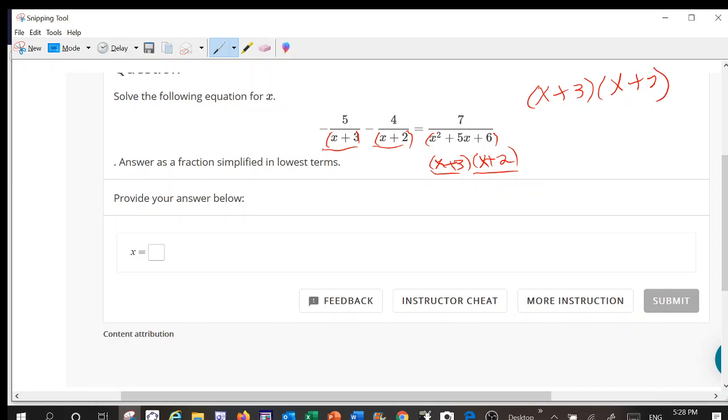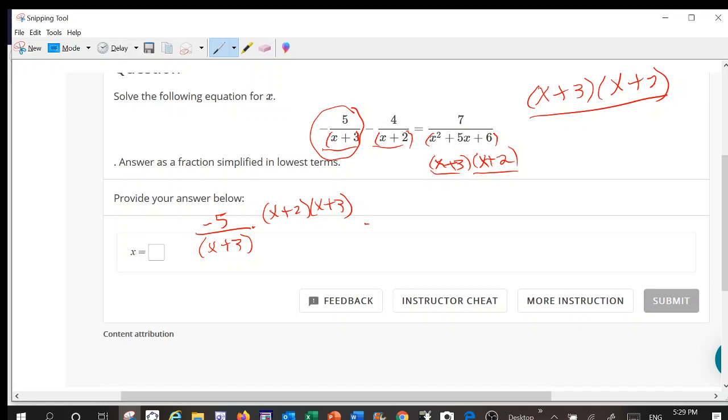So multiply everything. If I multiply this by that, I put the negative in the numerator, and then x plus 3, and then times x plus 2 times x plus 3.